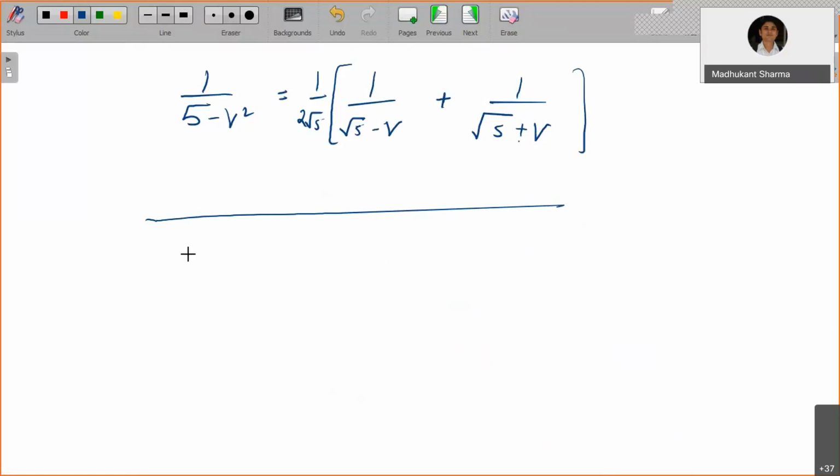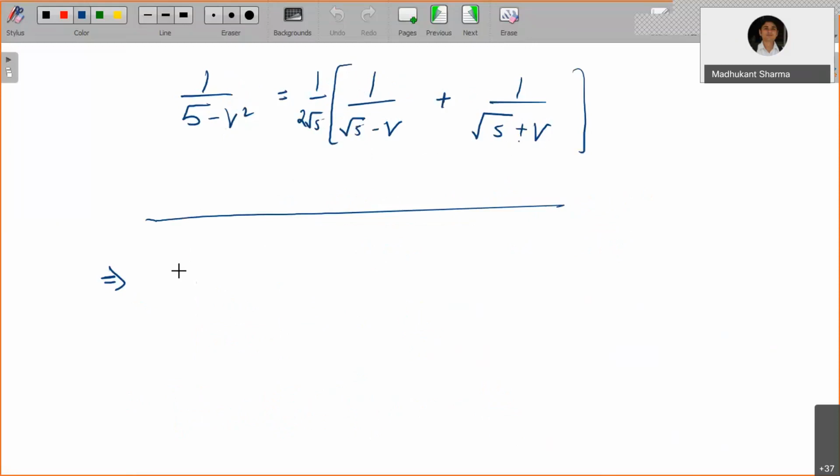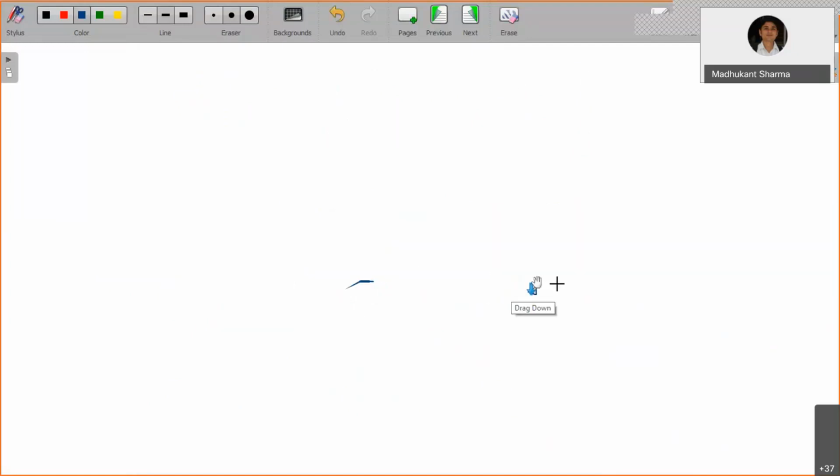Okay, so this will give you, this implies, so you have 2 divided by this, so I can certainly write it 1 upon root 5, integrating both sides. So first term integration is minus ln of root 5 minus v plus ln of root 5 plus v.